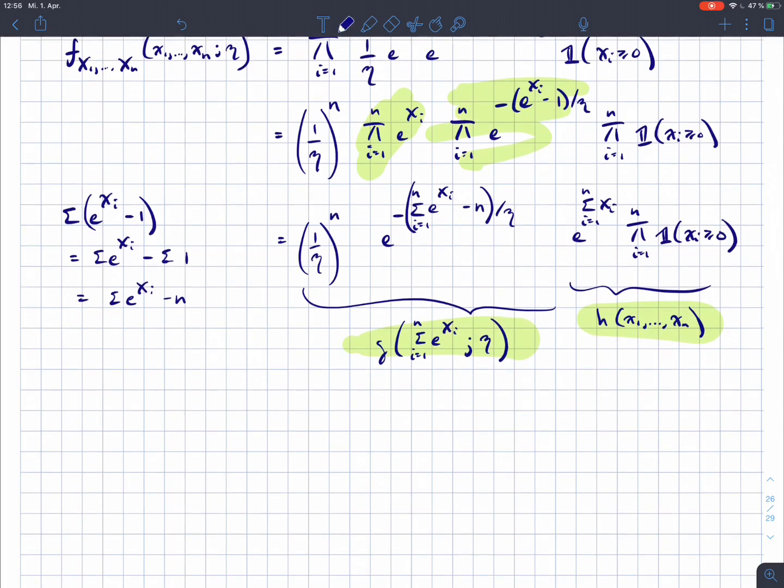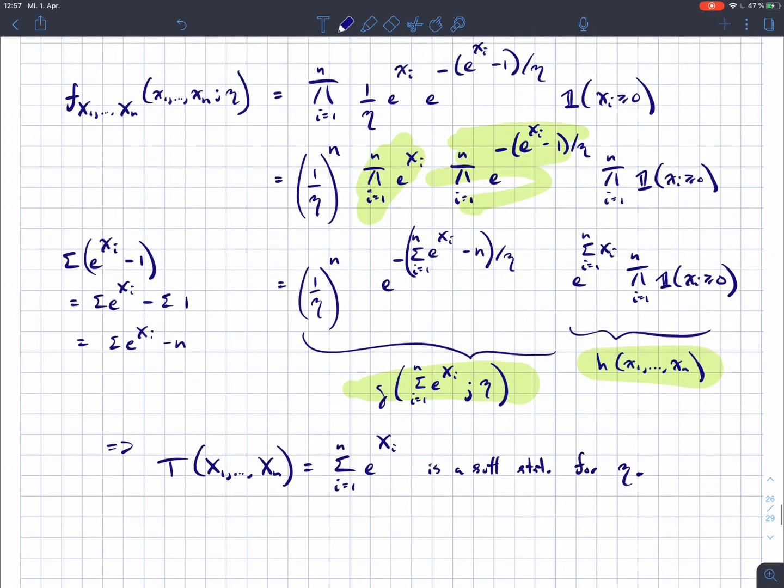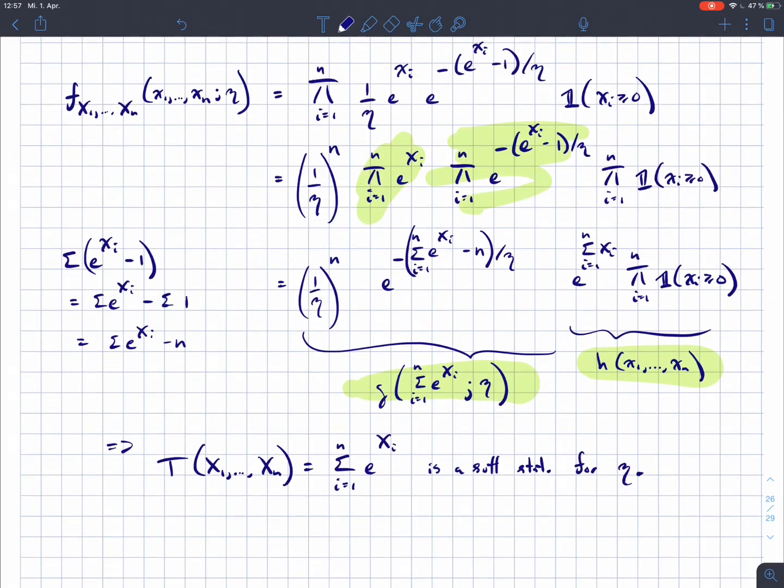So by the factorization theorem, the statistic, which is the sum of e raised to the xi's, is a sufficient statistic for eta. So that was step 1.